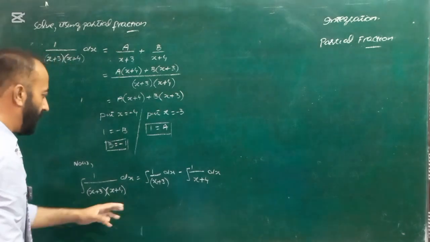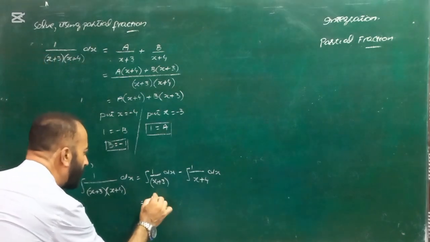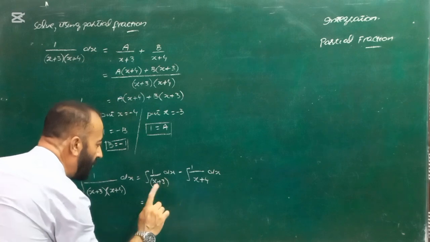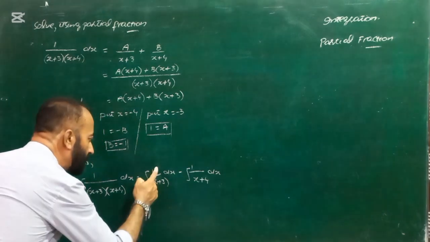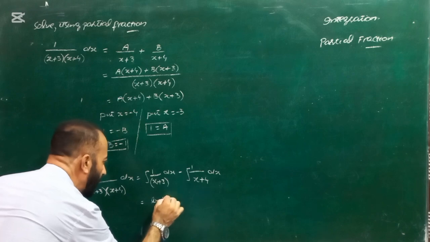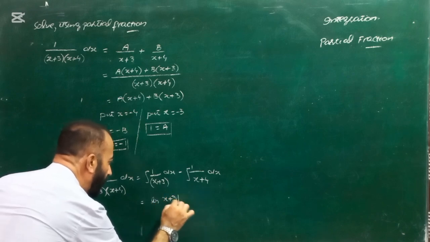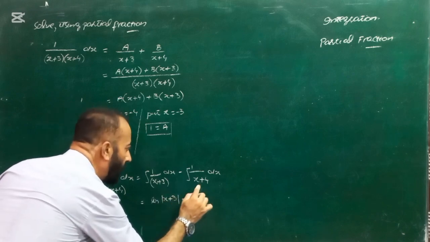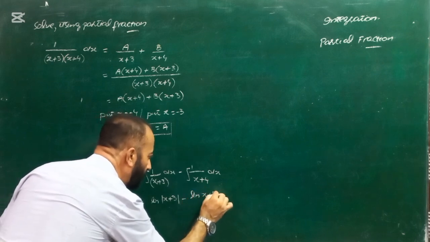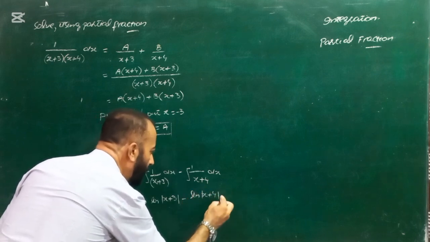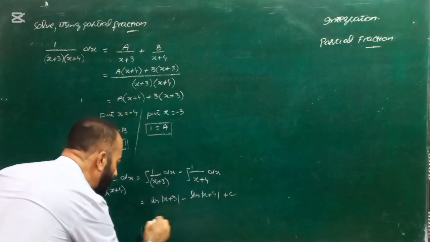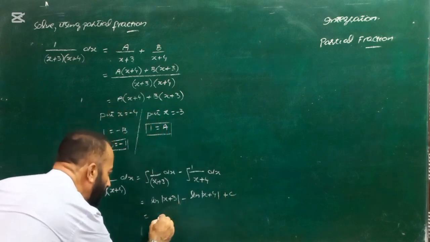So at this step the answer will be there, that is because x plus 3 is having a differential 1 that is put in the numerator, so answer will be natural log of x plus 3, and the answer of this thing will be natural log of x plus 4, and plus c will be put because two natural logs are subtracting with each other.